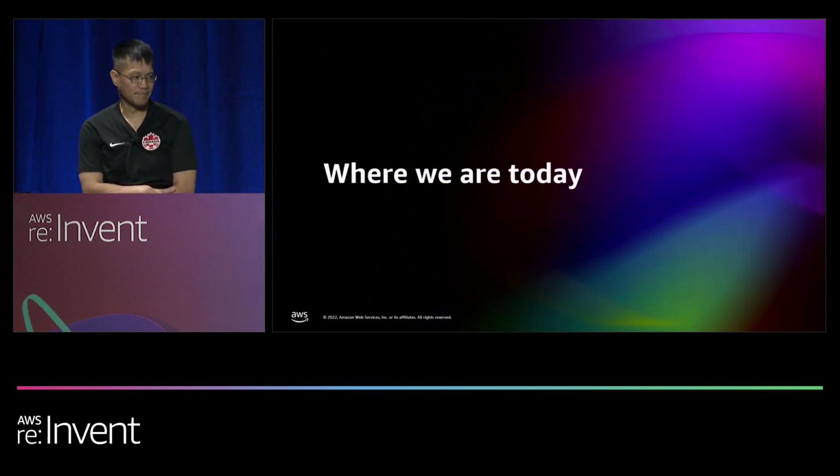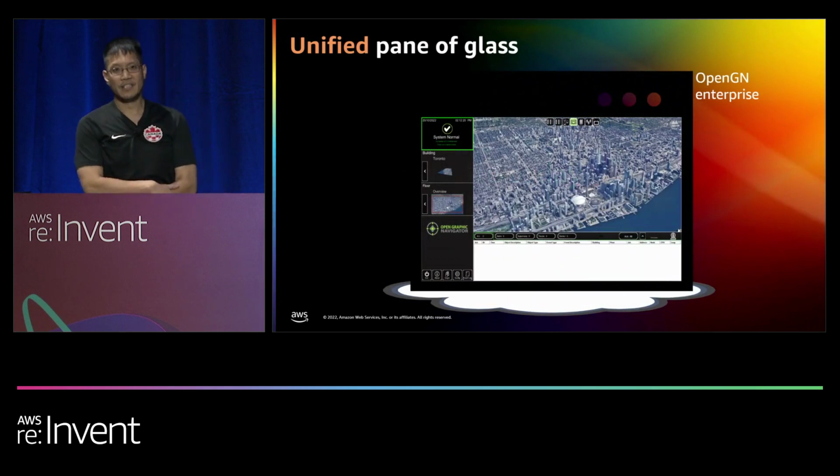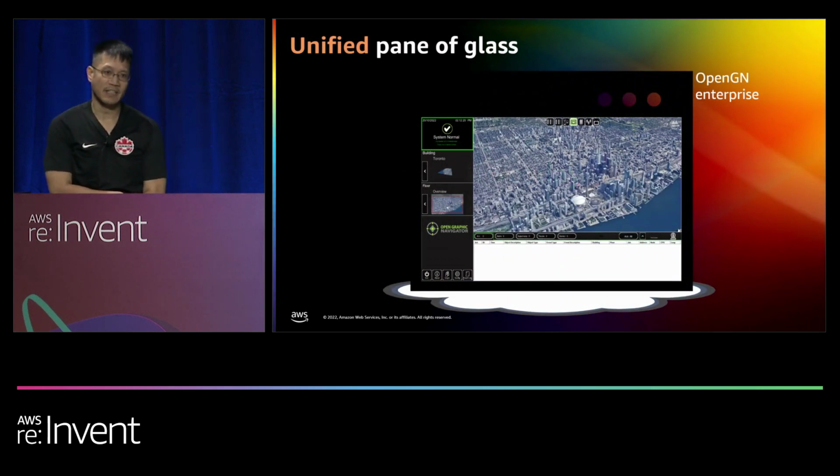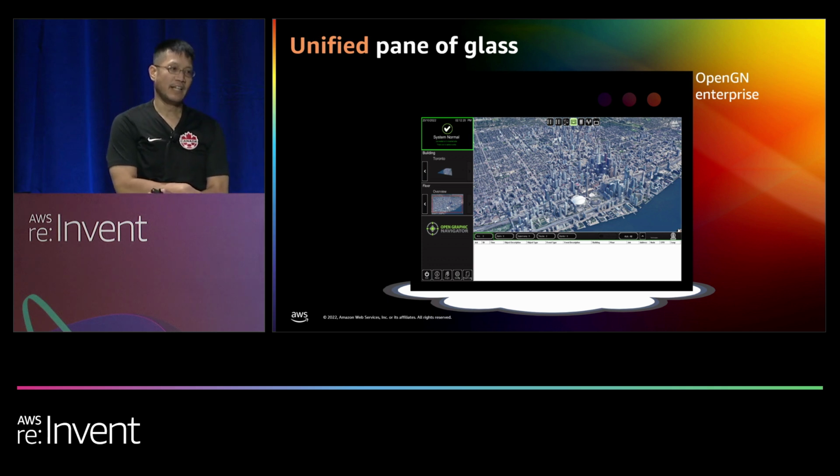Where are we today? Today, OpenGN is a digital twin IoT platform providing a cloud-based unified pane of glass for fire and life safety and other mission-critical building technologies.